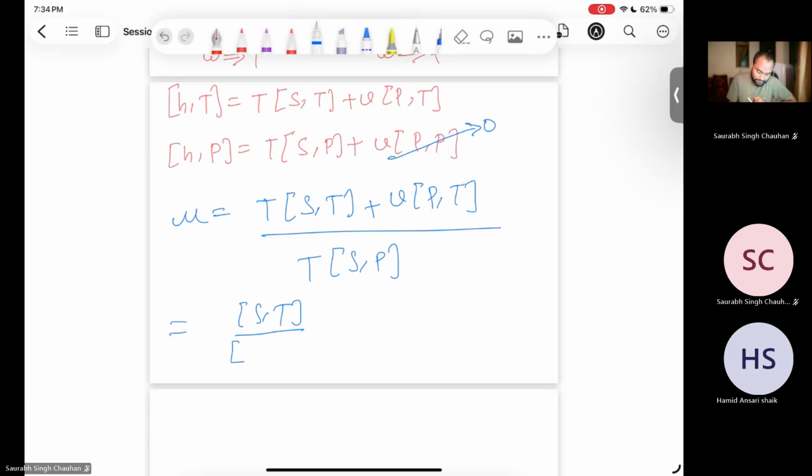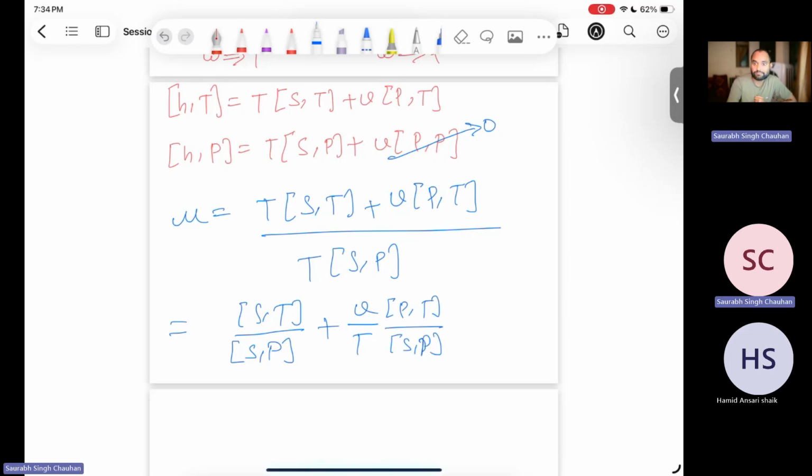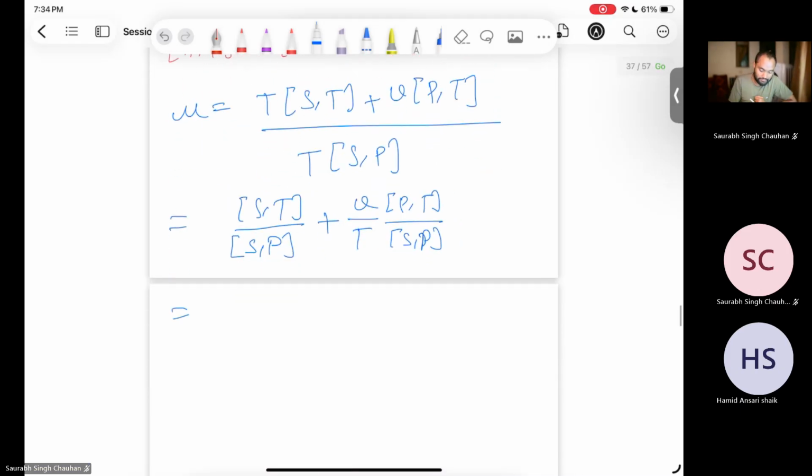Plus V times P comma T, divided by T S comma P. In the first term, there is repeated S and repeated P.